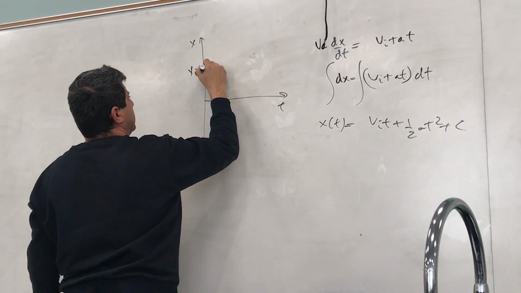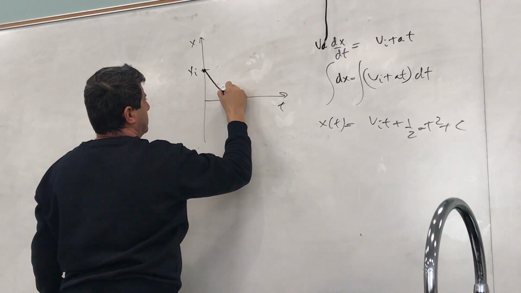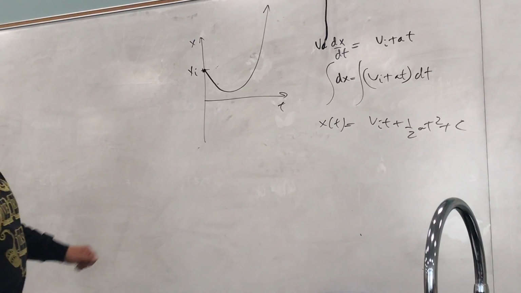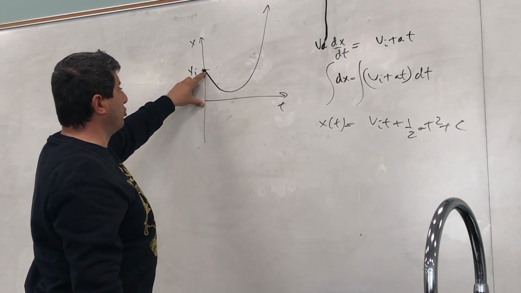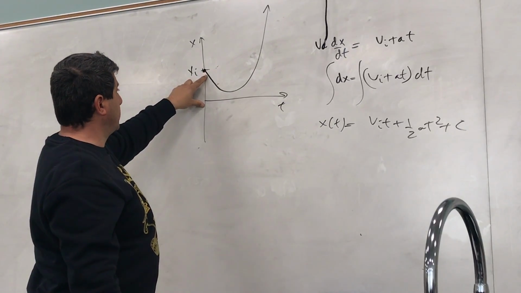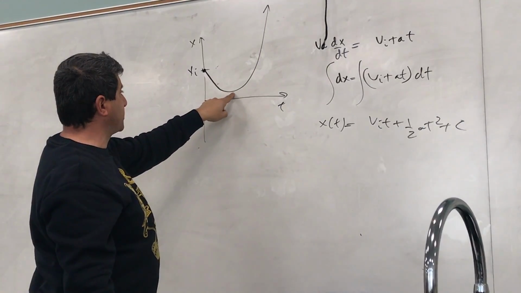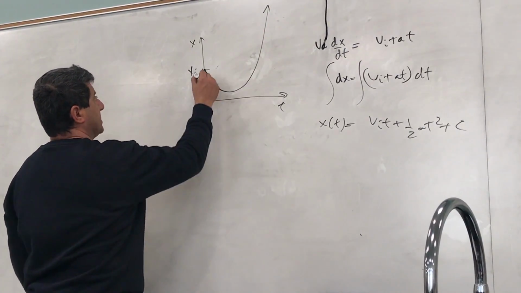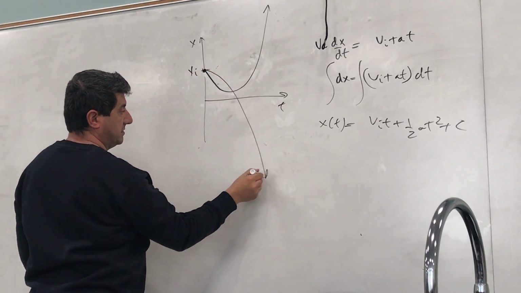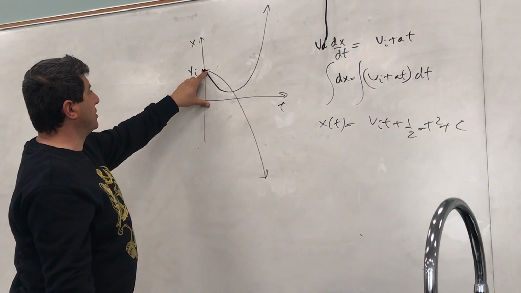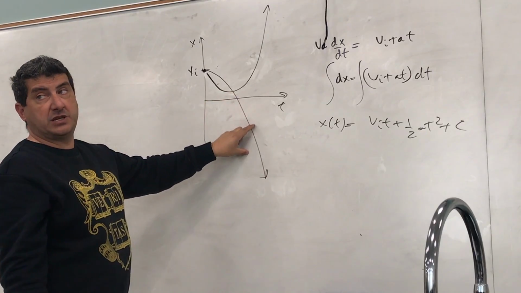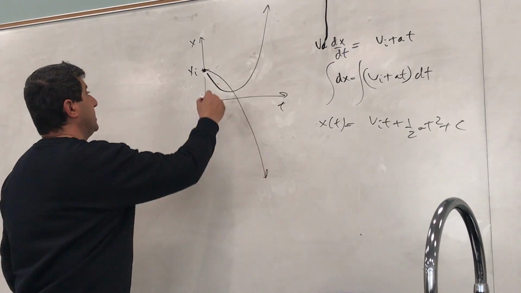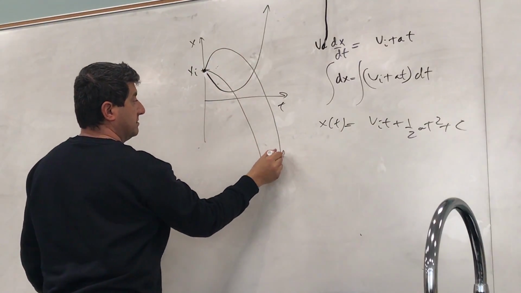So if it goes like this, that means this object is initially going to the left, slows down, stops, and then keeps going to the right. Or it could be something like this. This object initially is going to the left, but it's speeding up, and keeps going to the left forever, you see?